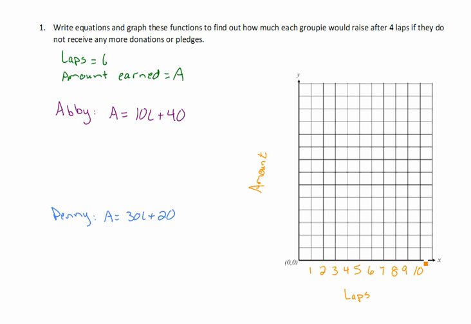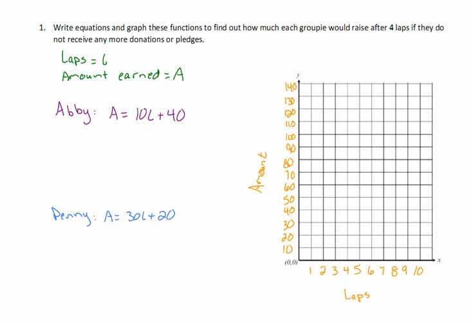And from the looks of our numbers, let's go ahead and go by tens for our amount earned, just to space this out a little bit. We are going to start graphing linear equations, so I would recommend that you start using a ruler for these problems, just because the more exact the lines, the better with your answers.